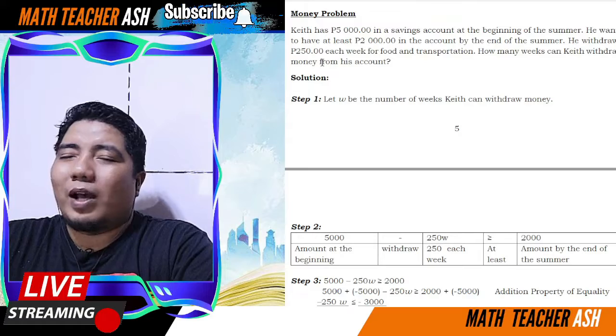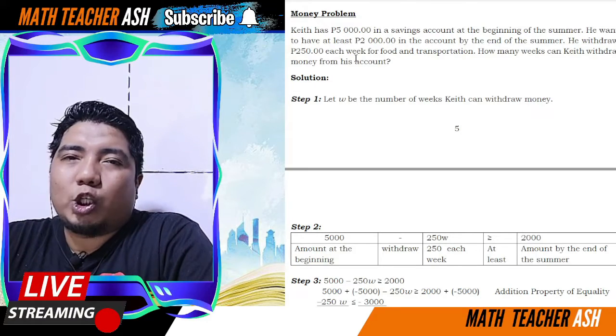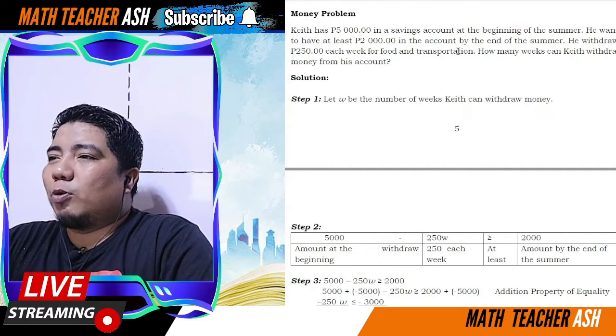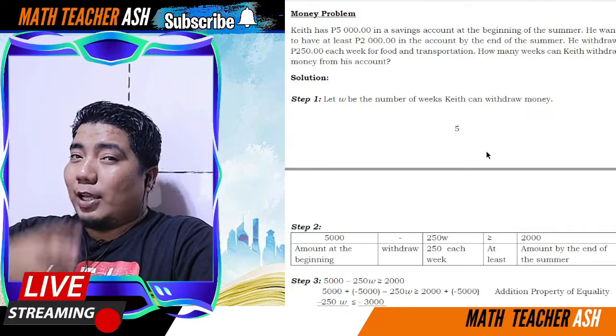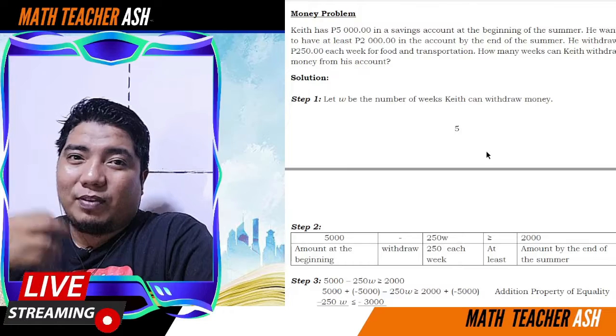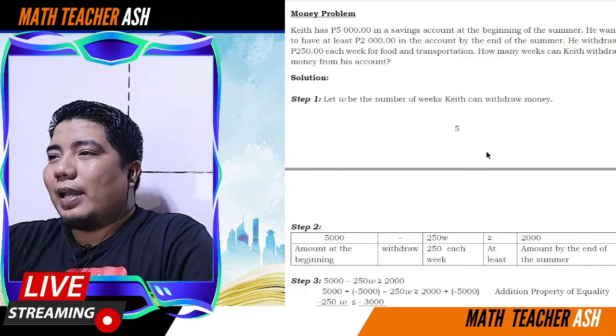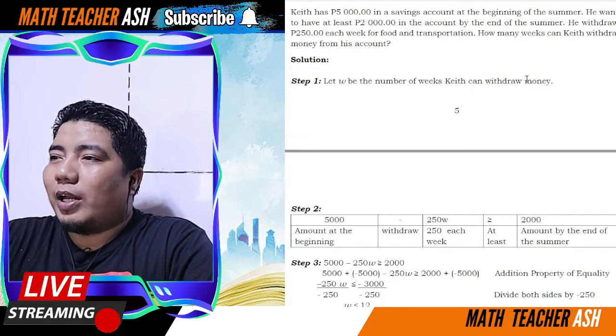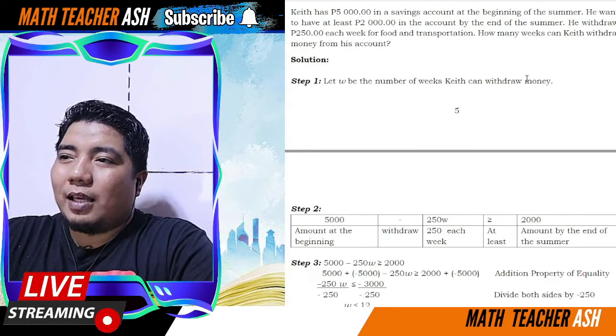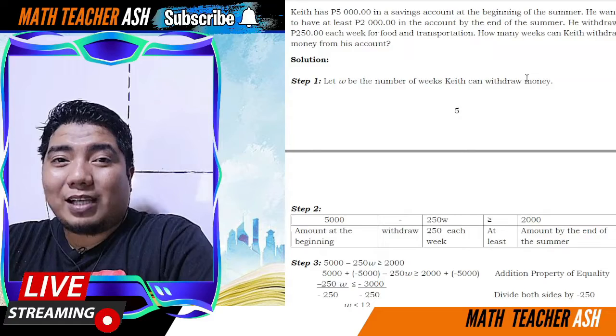He withdraws 250 pesos each week for food and transportation. So, in short, every week he subtracts 250 pesos for his food and transportation. The question now is, how many weeks can Kit withdraw money from his account?